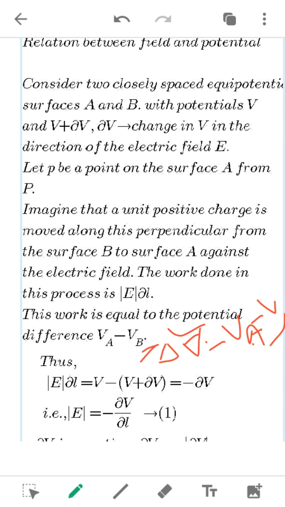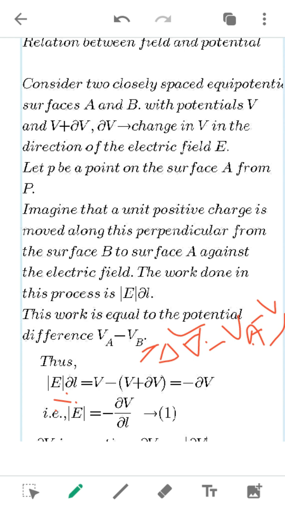So the work done is given by modulus of E dou L. Here, what is dou L? Dou L is the difference in the length between the two surfaces. That is equal to VA minus VB.